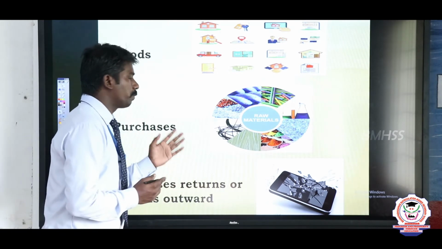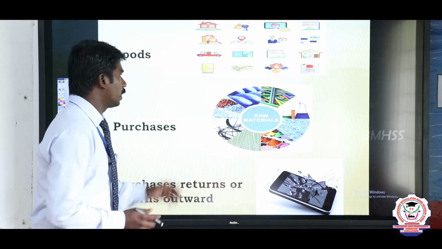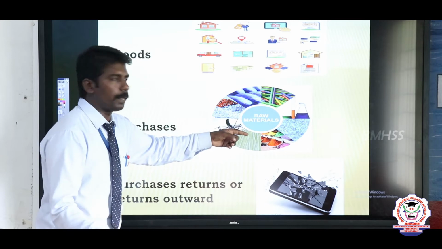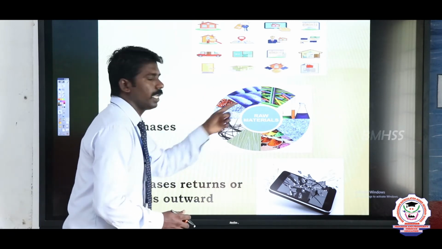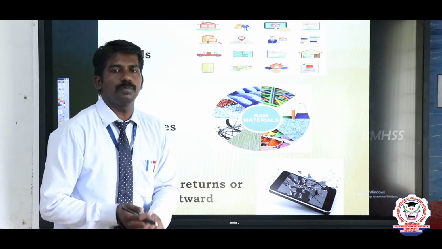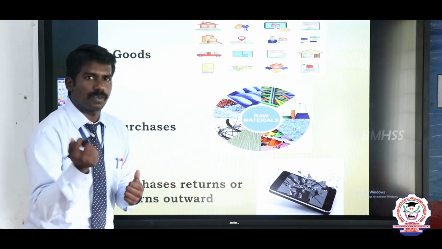To produce the finished goods for the consumer, we purchase raw material from the producer, agriculturists or suppliers. The company purchases raw material from the suppliers, converts it into finished goods and supplies it to the customer. By satisfying the consumer, the company earns profit.